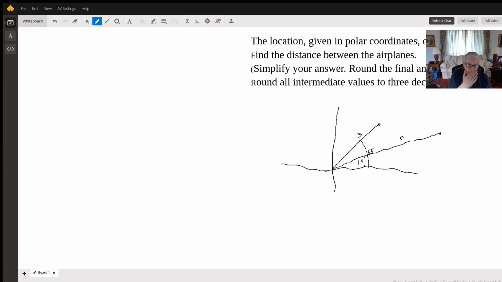Okay, so the way we'll do this is we'll just use a little simple trigonometry. I'm going to change color here, to make it easier for you to see. So let's consider this right triangle here. And we know that this is a 5 here.